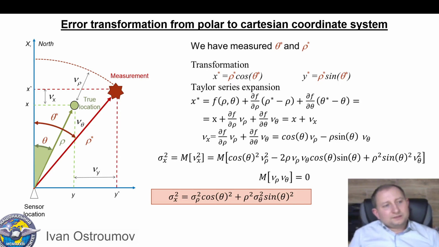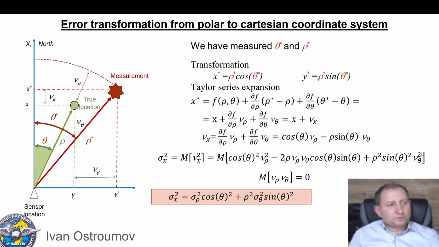And correlation between them is equal to 0, and that's why mean value from multiplication between two of these errors will give us 0. And it means that this middle part will be equal to 0. That's why we can leave only first part and the final part.